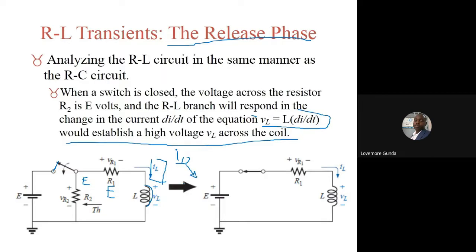And the inductor will not allow it. The inductor will not allow that to happen. So it will oppose that, and the current IL will still continue to flow through that path.